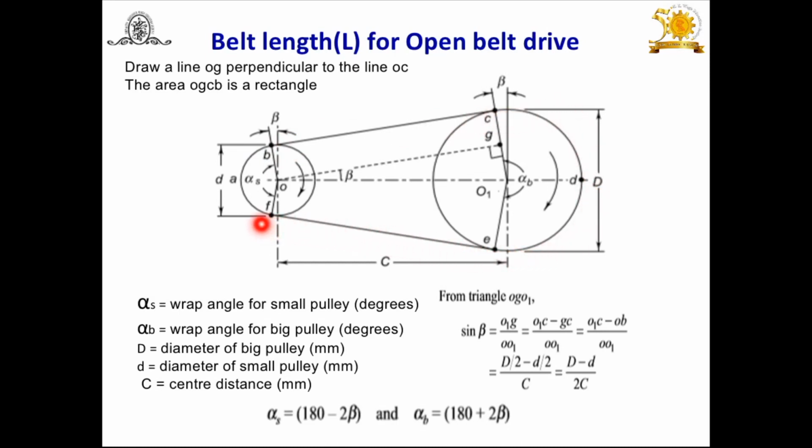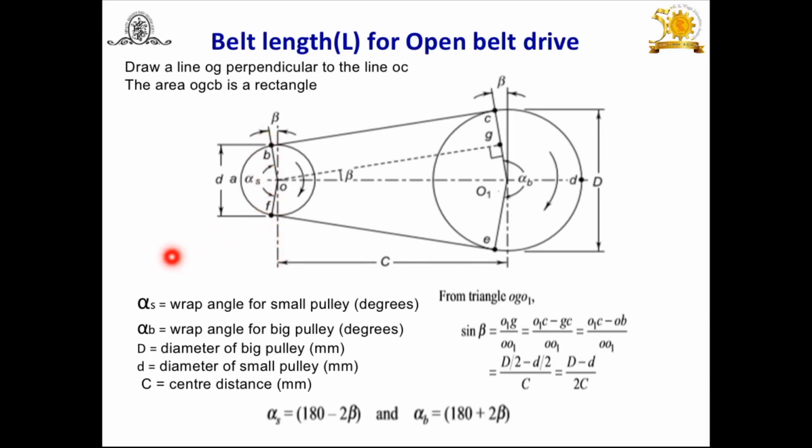Now here you will find for the smaller pulley, the belt is in contact with this smaller pulley from this F up to this B, and this is the total angle, that is 180. Now here beta is the small angle. The 180 minus this beta, and this beta means 2 beta.